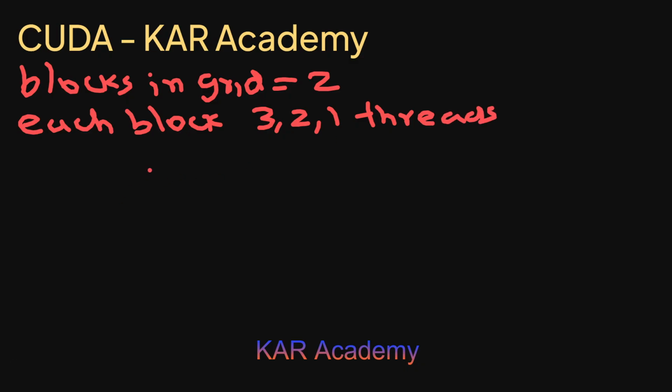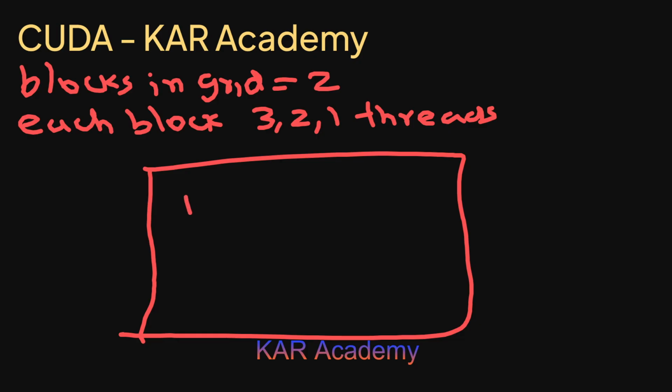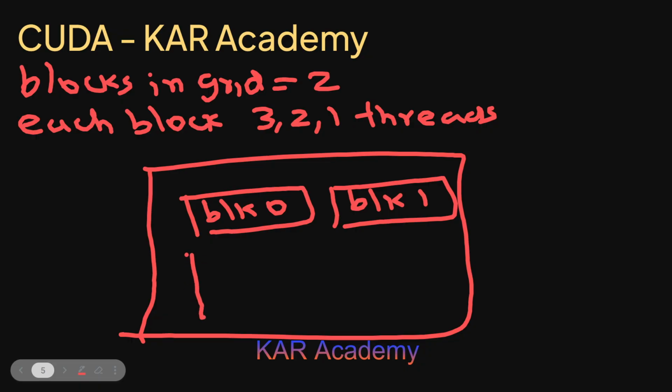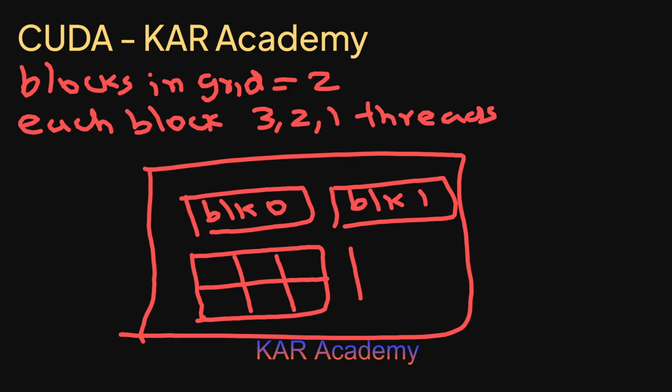Okay, so this is basically look like this. You have 2 blocks, which is basically allocated in a 1D fashion. This is block 0, this is block 1, and each block has 3 by 2 threads like this, and it is numbered like so. The block index y is always 0.